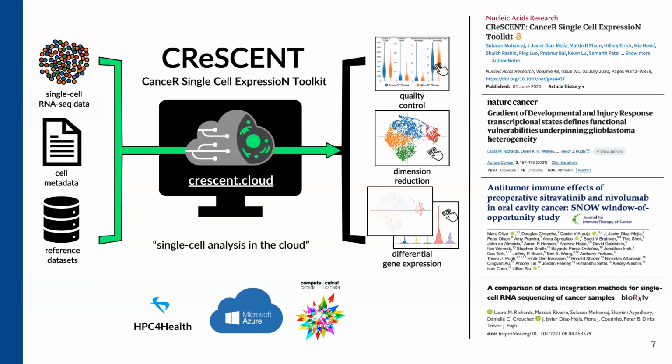With glioblastoma you have this heterogeneity of cells and different types of clones that might distract from possible treatment options. And so she was able to delineate that these cells came from developmental and injury response networks, which was really interesting. What we did for Crescent for that was we put our data up in Crescent and made it publicly available. You can also explore the data the same way she did.